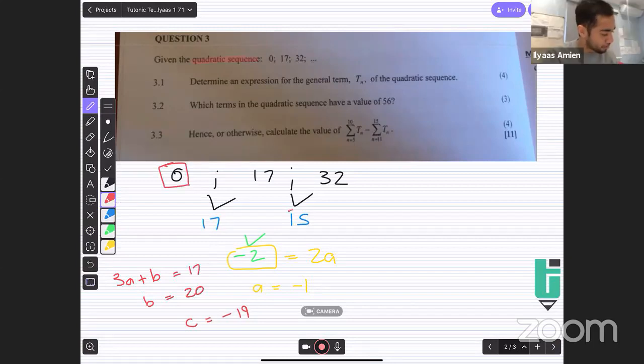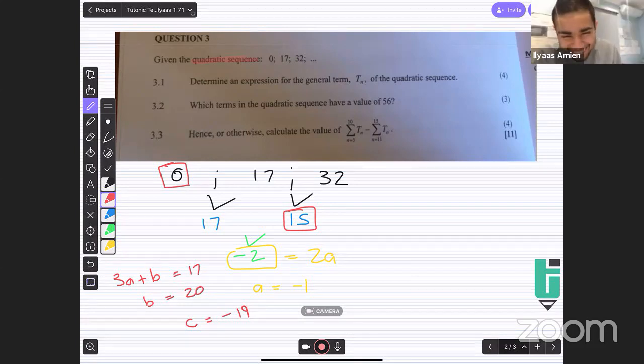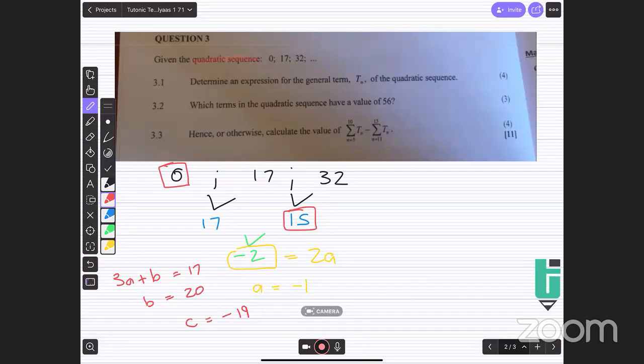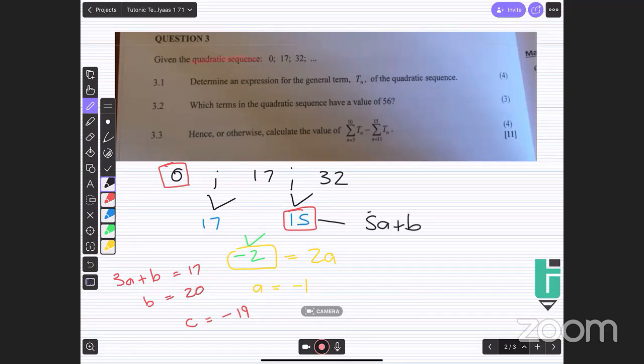What is the next one? 3a plus b plus 2a, which is 5a plus b. And what's the next one? 7a plus b.